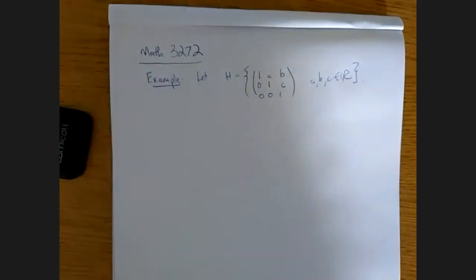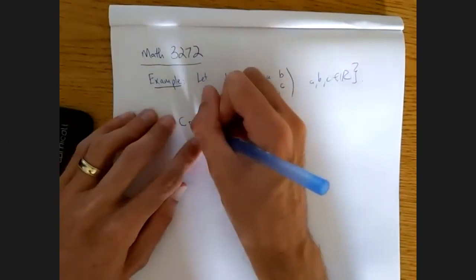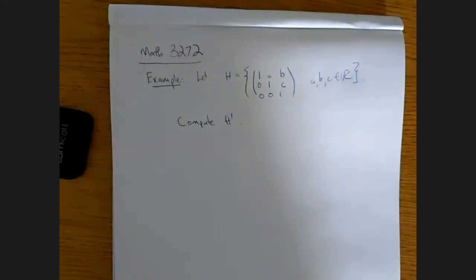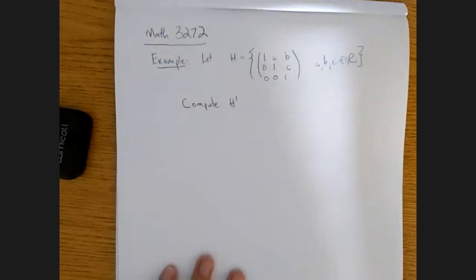On the assignment, I asked you to compute the center of H, and in this example, let's just compute H prime, in other words, the commutator subgroup.